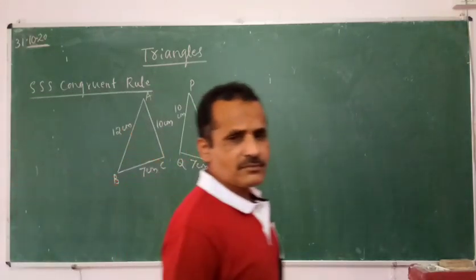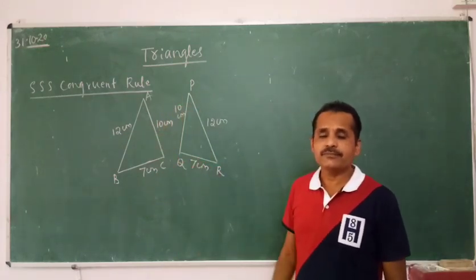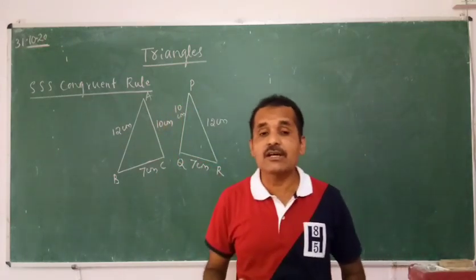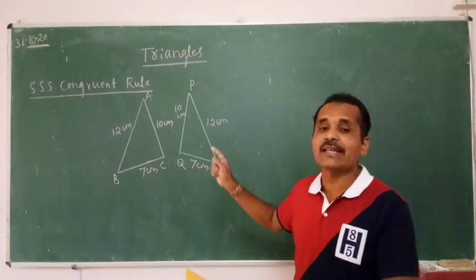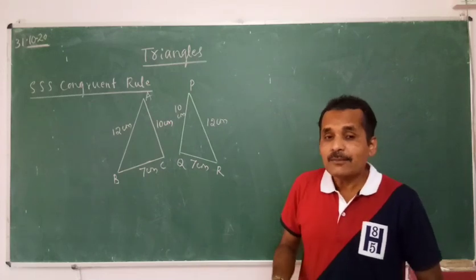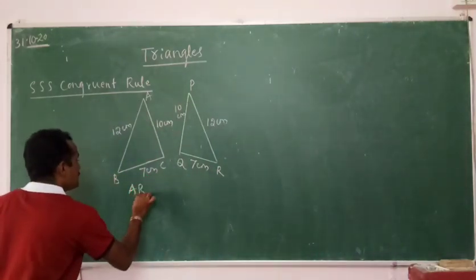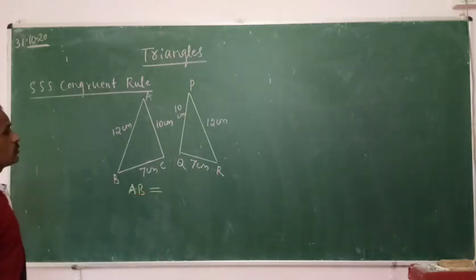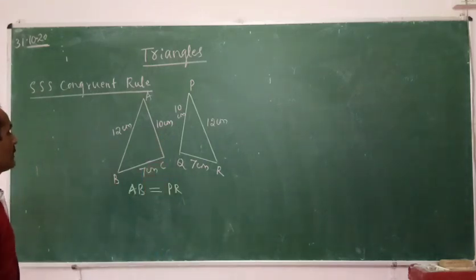My dear children, all the three sides of the first triangle are equal to the corresponding sides of the second triangle. Let me see what corresponds to what. See, AB from here is equal to PR.